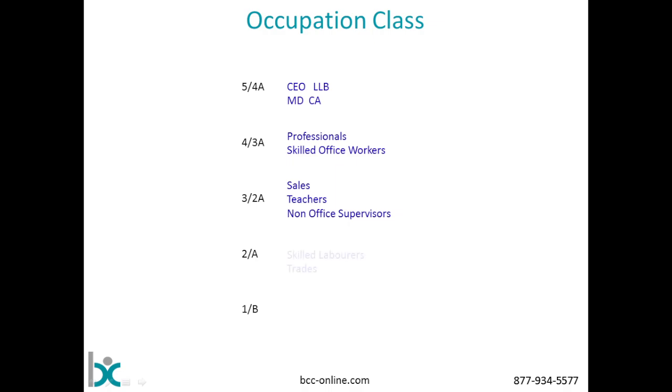Our 2s then, in our 2s, we're going to find skilled laborers, and most tradespeople, although not all tradespeople are necessarily going to fit here. And then our 1s, we're going to find down here, typically our riskiest occupations. This is where we would find unskilled labor type of jobs and agricultural workers.